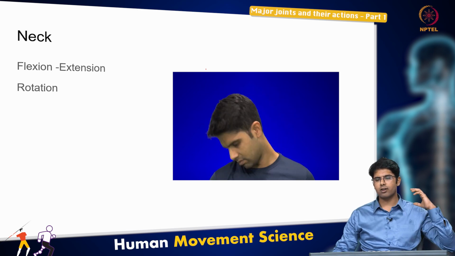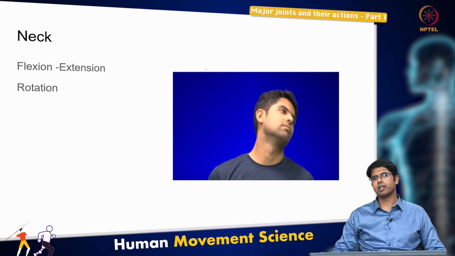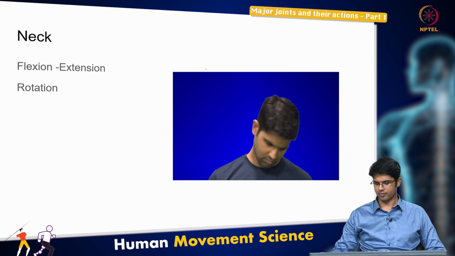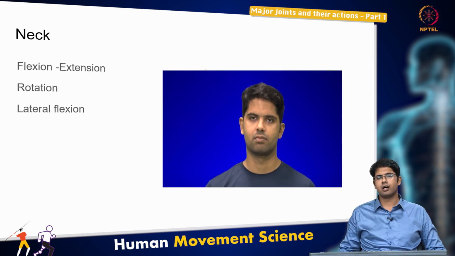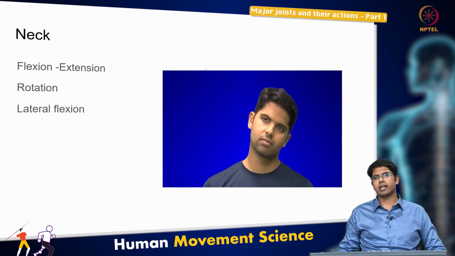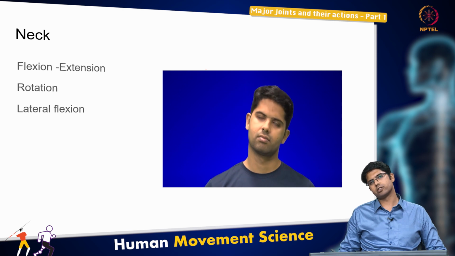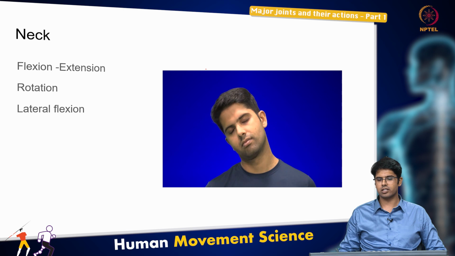So the entire stack of vertebrae controlled by the musculature allows for the entire neck to rotate all the way around. So next up is lateral flexion, and that is the side to side movement of the neck, which allows the head to move towards the shoulder. This movement is in the frontal plane about the sagittal axis.